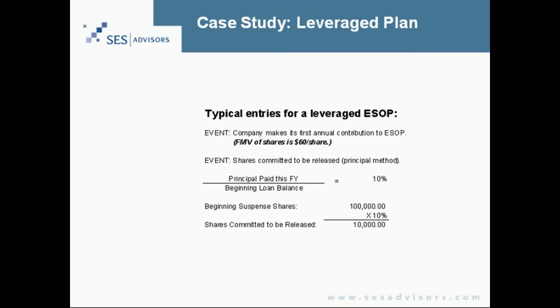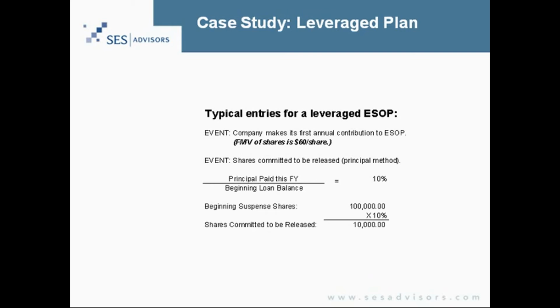The legal concept is shares are released when the debt is repaid. The pledge agreement will specify when the debt is repaid, shares are released from suspense. From an accounting perspective, shares are committed to be released before they're legally released. And paragraph 15 of the SOP talks about this topic.